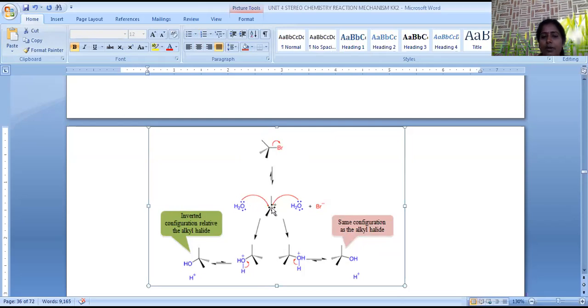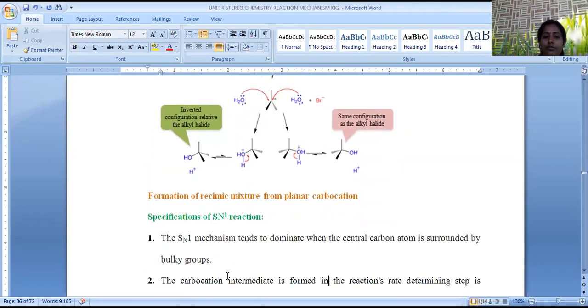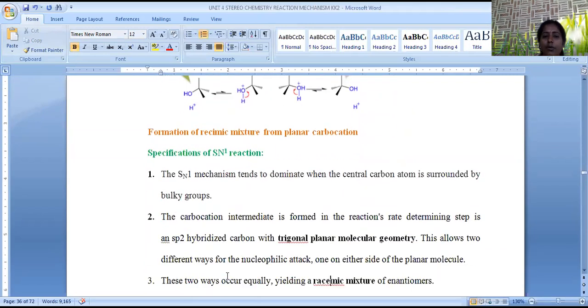When attack takes place from the back side, an inverted configuration relative to the alkyl halide is generated. This is the inverted product. Hence, with front side attack, we get 50% retention of the configuration. With back side attack, we get 50% inverted configuration of the starting material. Hence, we get a racemic mixture. This is the stereochemistry of the SN1 reaction. Now let us see the important specifications of the SN1 reaction.